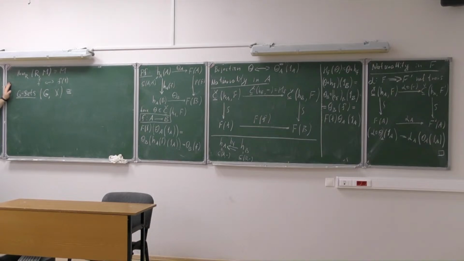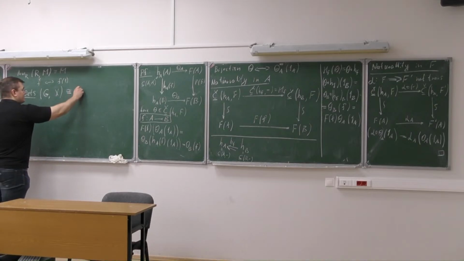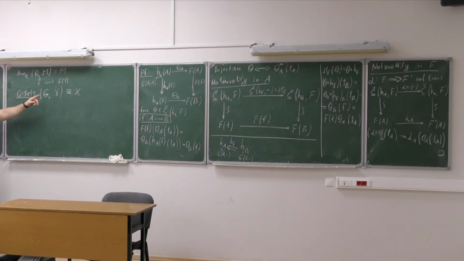You just use the same logic. Because this is again completely determined by where you send the identity element in the group, right? Because the map is equivariant, the rest is completely determined by this equivariance condition.